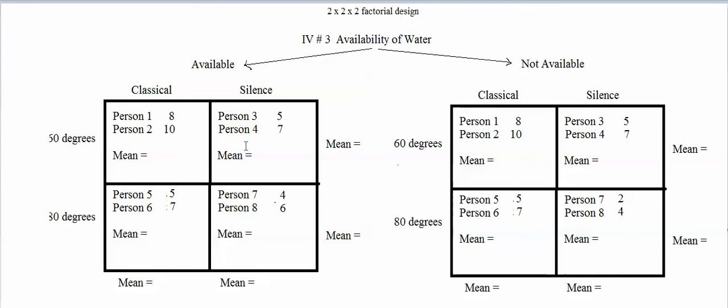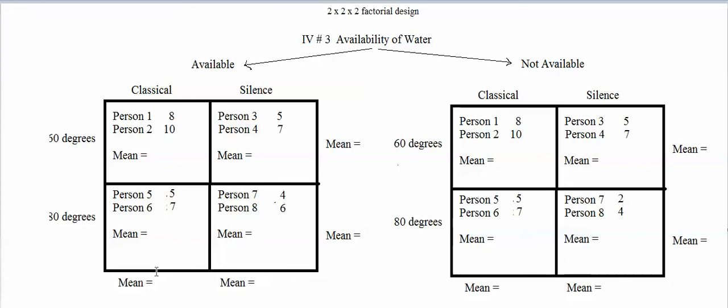So water is either available or not available, which means we actually have 2 times 2 times 2, 8 conditions, and we're assigning 2 people to each of the 8 conditions.